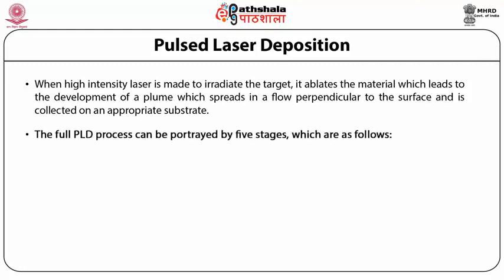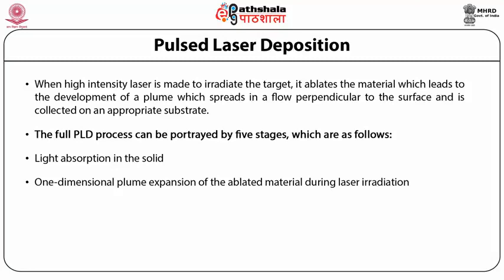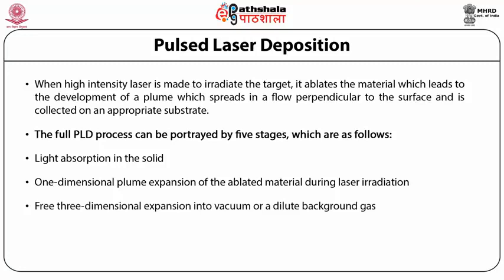The full PLD process can be portrayed by 5 stages, which are as follows. Number 1, light absorption in the solid. Second, one-dimensional plume expansion of the ablated material during laser irradiation. Number 3, free three-dimensional expansion into vacuum or a dilute background gas.